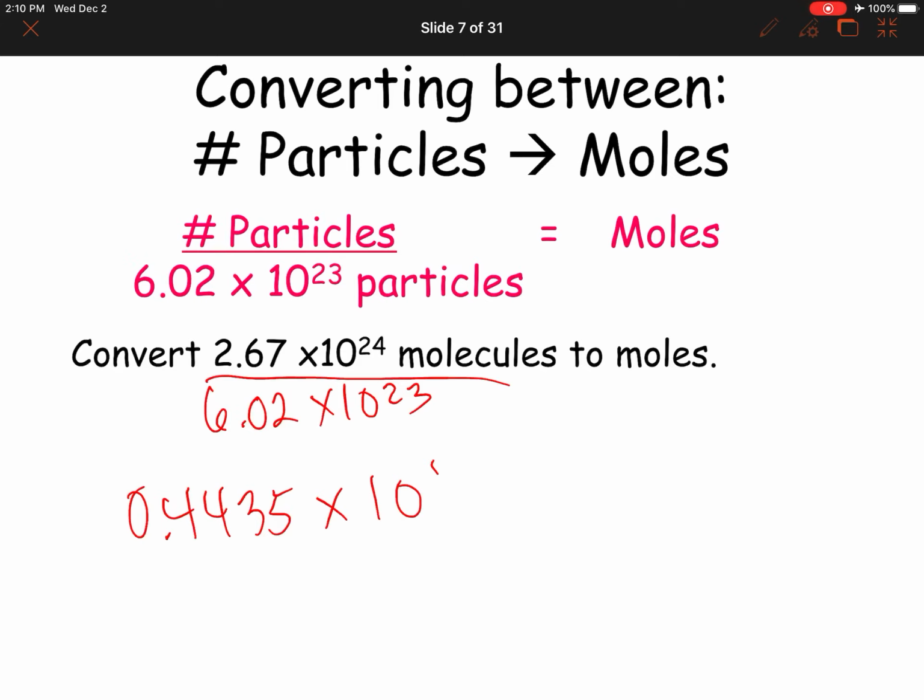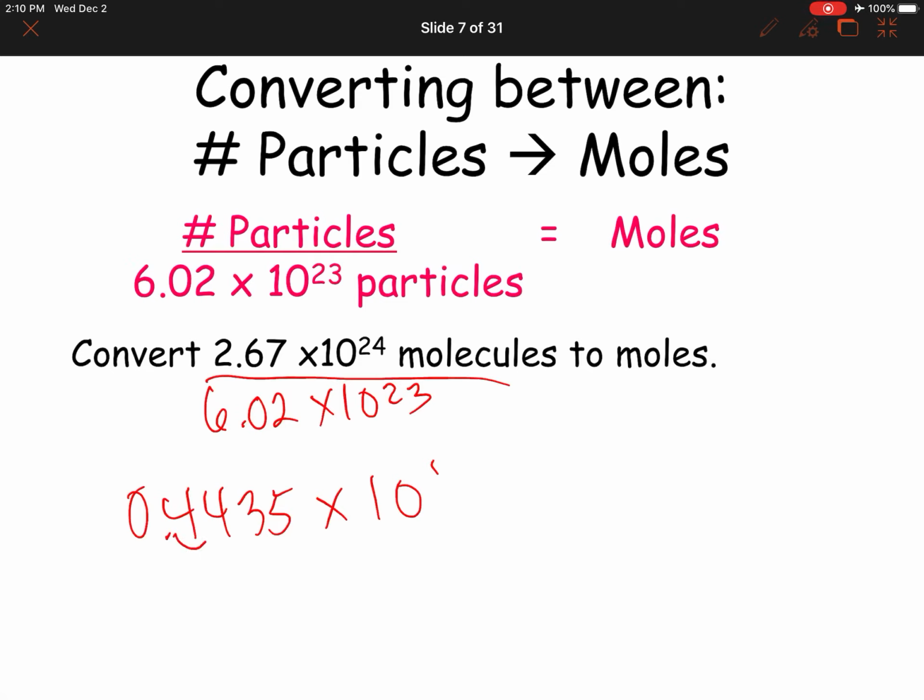Now, this number, 0.4435 times 10 to the first, is not in proper scientific notation. How can you tell? Because my original number is not between 1 and almost 10. It's less than 1. So think of it as a teeter-totter or seesaw. I need to make this front number between 1 and almost 10.